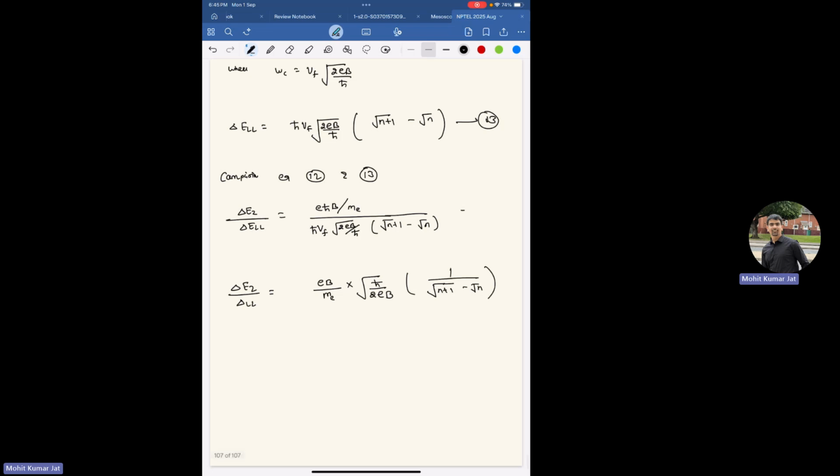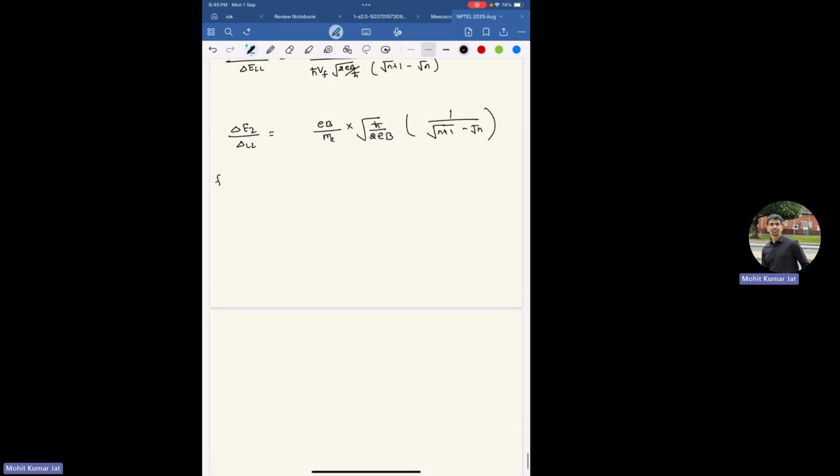Now for the lowest spacing, the lowest Landau level, N is equal to 0, that will give ΔE_Z by ΔE_LL to be under root ħeB by 2 and 1 by m_e.